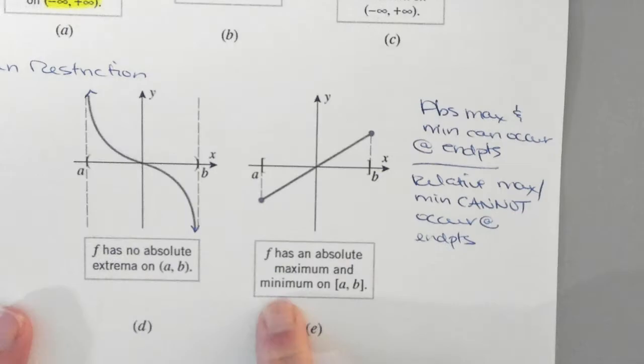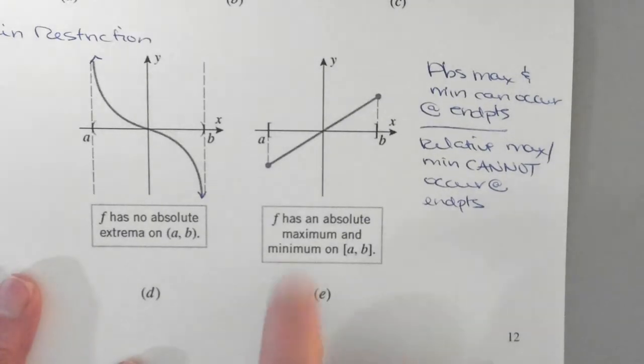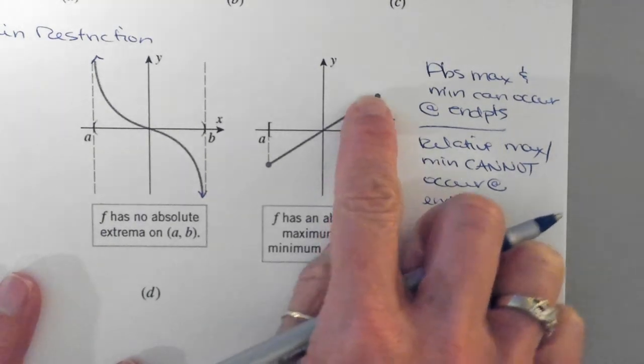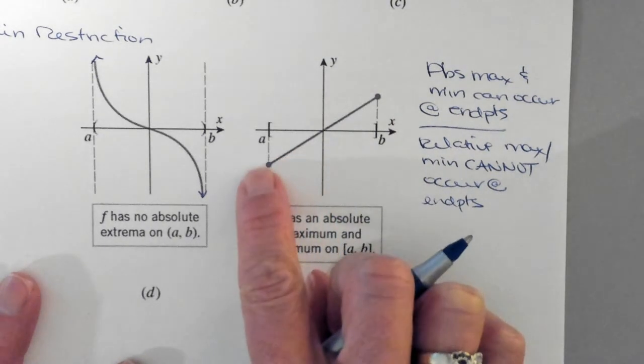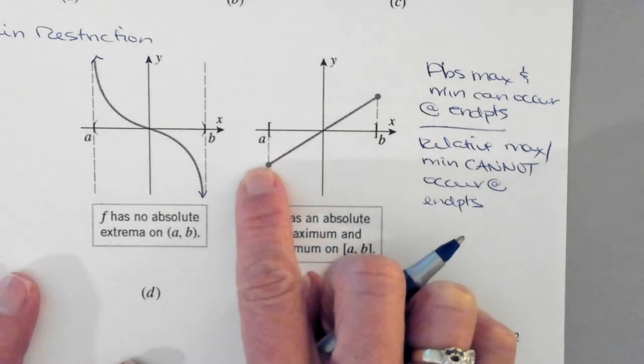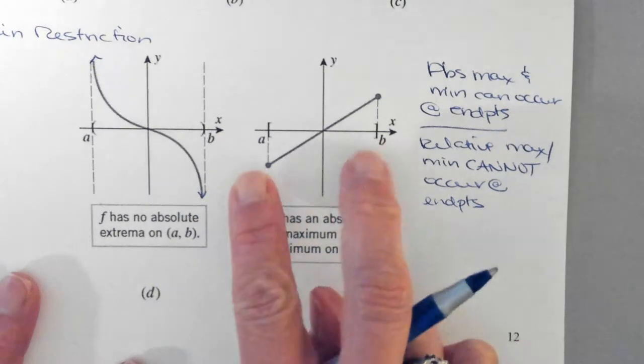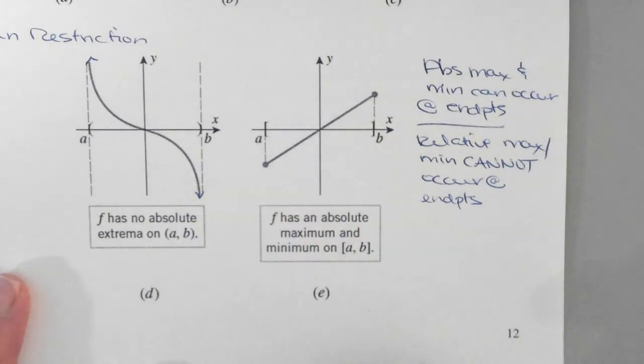So in this case, I could say that this function has an absolute max at whatever that value is for y, let's just say 2. And then an absolute min at negative 2, if we kept that same scale. So absolute maxes and mins can occur at endpoints.